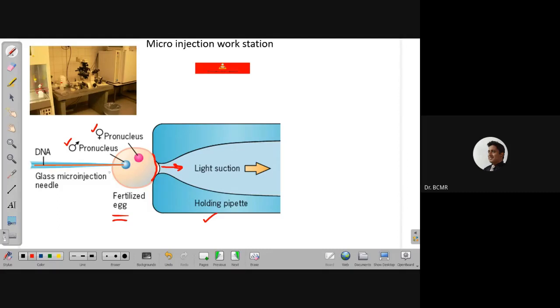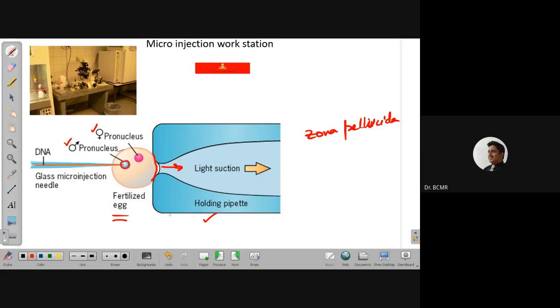And they puncture the egg. Lasers also can be used, because the outside of it is covered with a thick coating called zona pellucida. Through the glass micro needle, they inject the DNA into the male pronucleus.